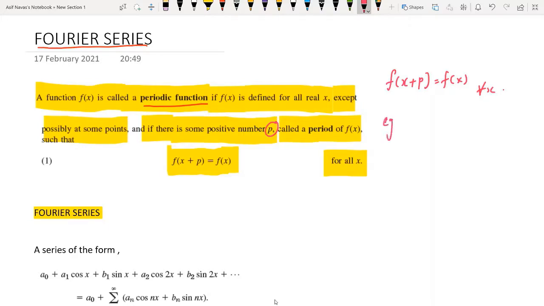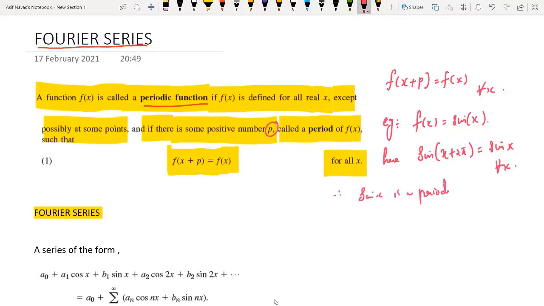For example, if you take f(x) = sin x, you know that sin(x + 2π) = sin x for all x. Therefore, sin x is a periodic function with the period 2π.